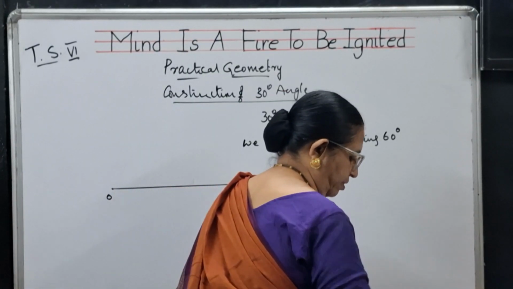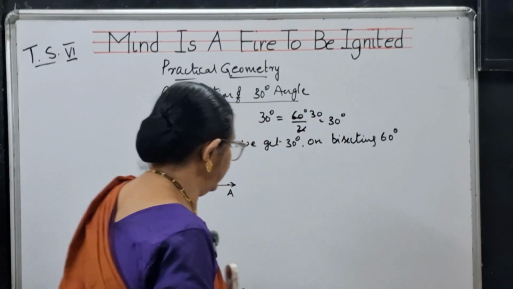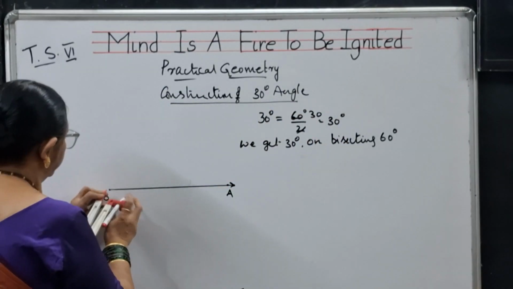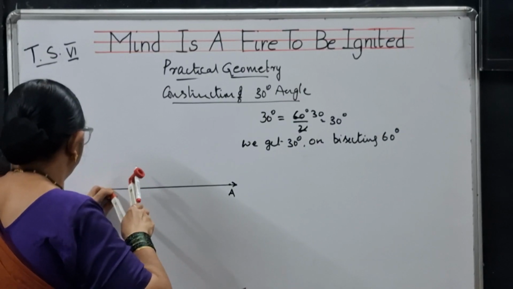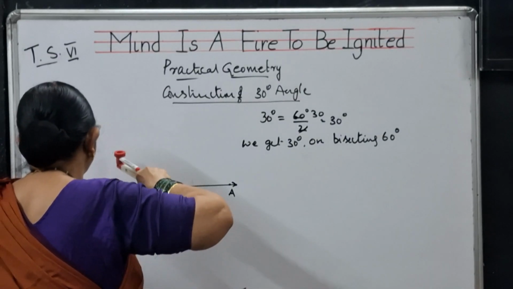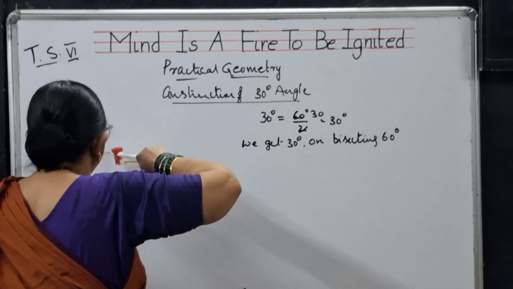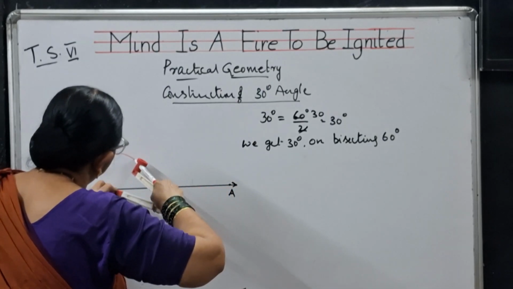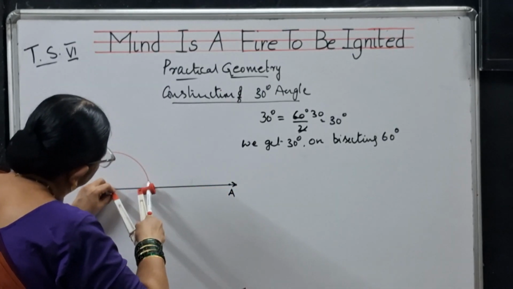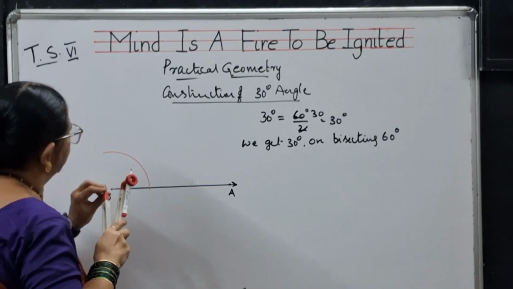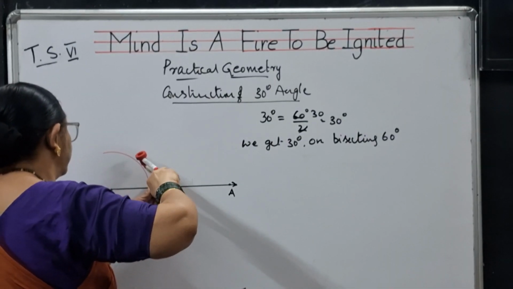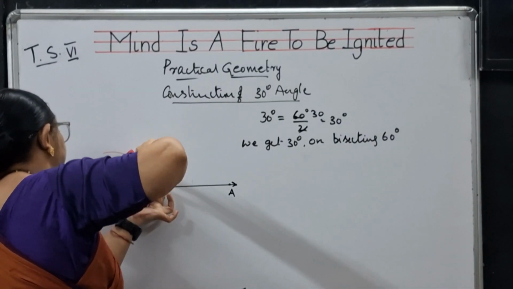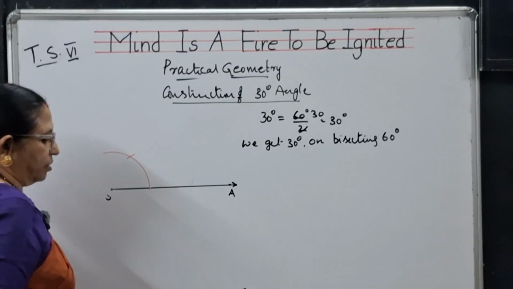How are you drawing 60 degrees? Earlier already we have done this. O as a center with some radius, you have to draw an arc. After drawing the arc without disturbing it, let me consider this as P. P as center, you have to draw another arc.